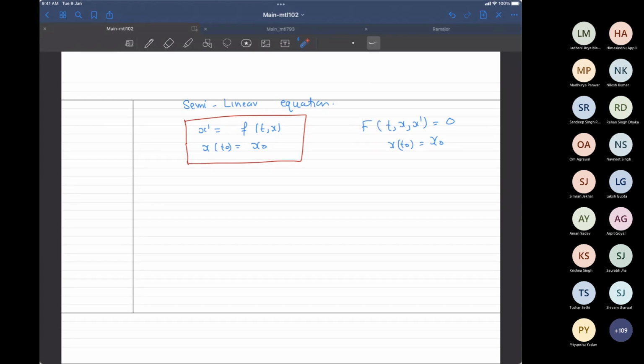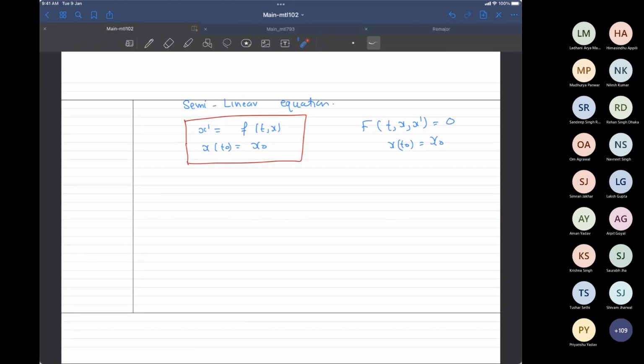Why is this a semi-linear equation, not a linear equation like the earlier ones? In the earlier examples we can keep the x on one side and the other part on the other side. A semi-linear equation, of course, covers the linear equation, just like a nonlinear equation also covers the linear equation.